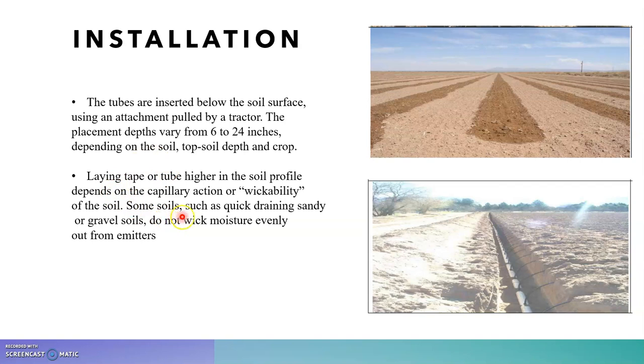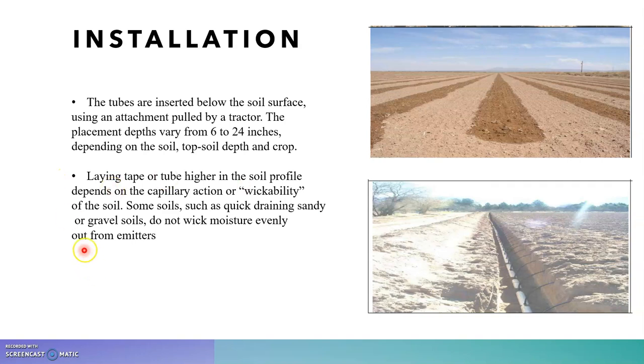So laying the tape or tube higher in the profile depends on capillary action. Whenever we are supplying water, some water gets moved upward. It's called capillary action or wickability. Some soils such as sandy or gravel soil do not wick moisture evenly because they have more pores, more gaps between the solid particles.